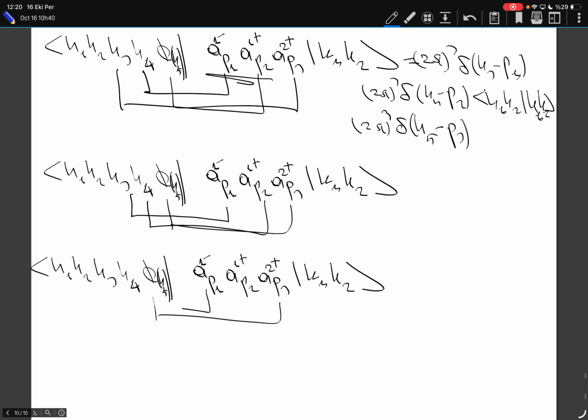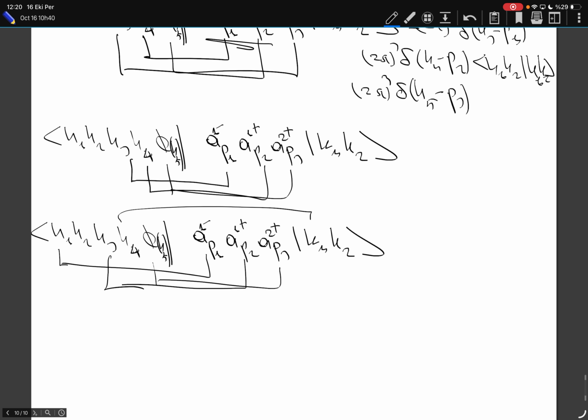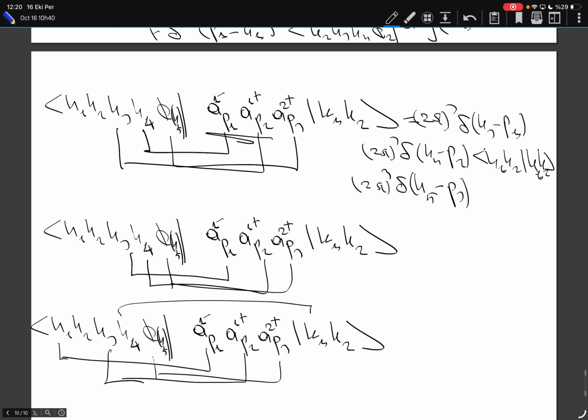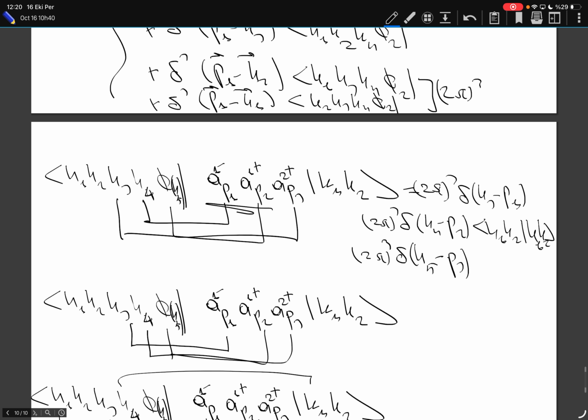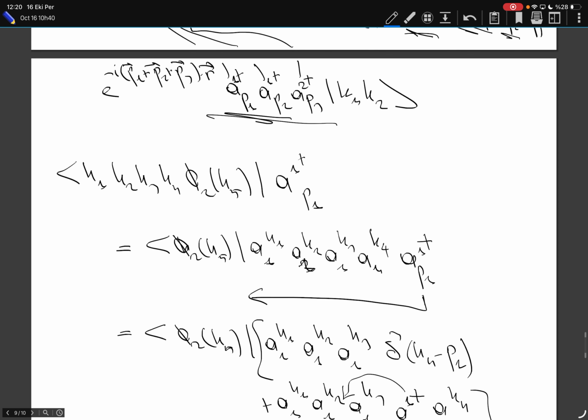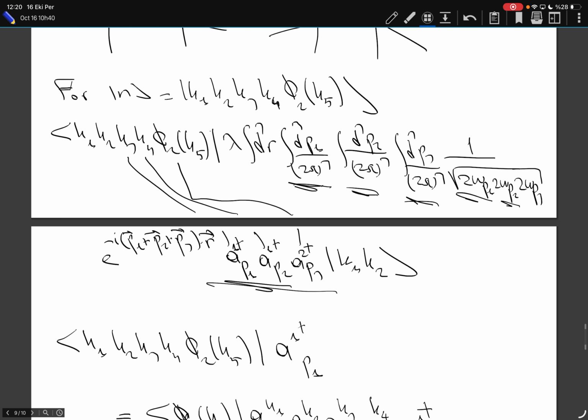This is contracted with one of the K1s. P2 is contracted with here, then you end up having K4 has to be equal to K1. Otherwise, it will be 0. Okay, you can just label the terms. Let's just look at one of them. I don't want to calculate all of them because this term will not contribute. I will just get rid of it eventually. Now, with all these contractions, remember, this is what I'm trying to calculate. I have this integral.